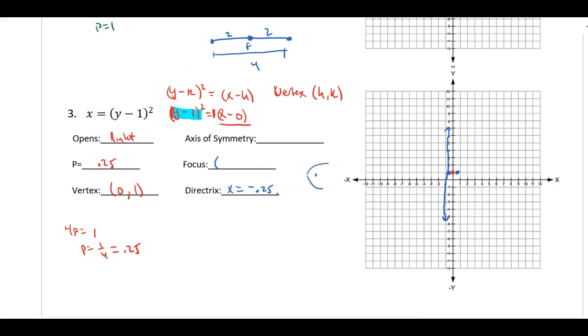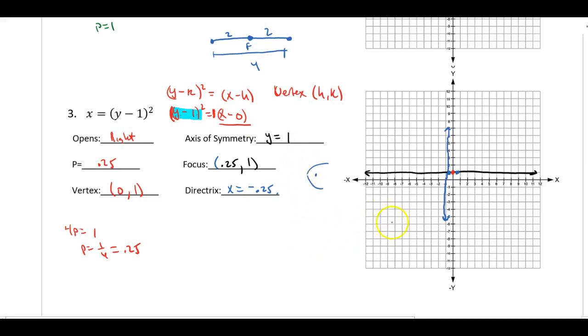So now my focus, right, is going to be at the ordered pair 0.25, comma, 1. My axis of symmetry, if I draw that in, now this is a horizontal line that goes through the vertex. So that's going to be at y equals 1.